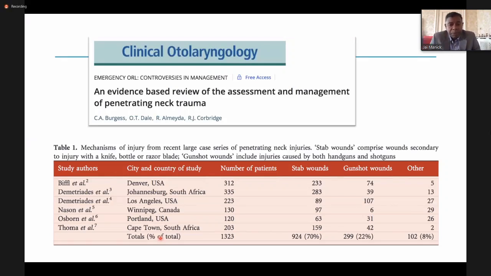This is one of the best papers recently published in Clinical Otolaryngology as an evidence-based review. If you look at this table, 70% of the world is caused by stab wounds, even in America, except Los Angeles. That's where they have more guns than knives, I think.